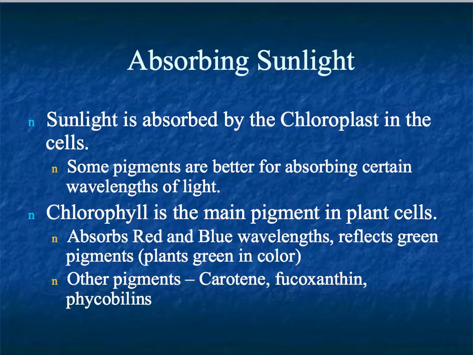We know from previous discussions that the plants are going to absorb sunlight, and that's where they're getting their energy. Sunlight is absorbed by the chloroplasts in the plant cells.